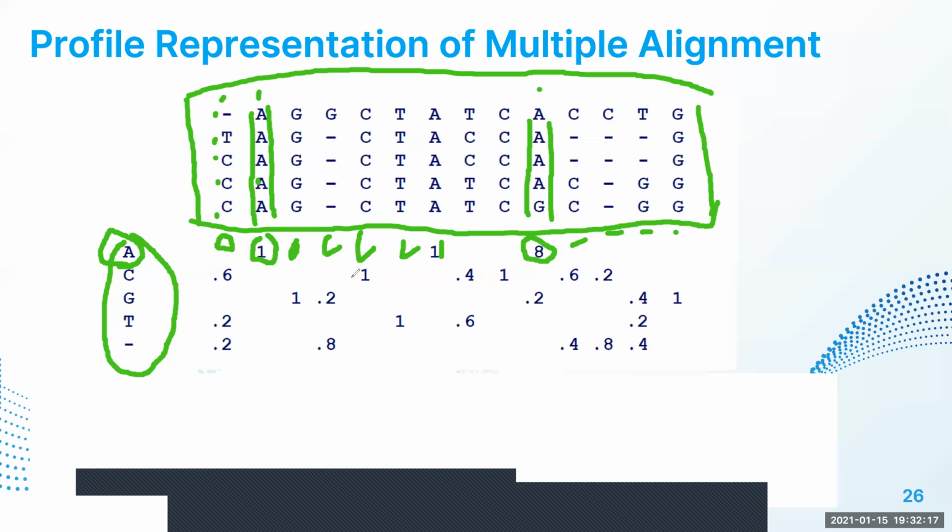Then the next one, if you consider C, we have five rows now. We have 3 C's here, 0.6. Then again 0, 0, 0. And again we have all the C's, so 1. Like that we can generate probabilities.